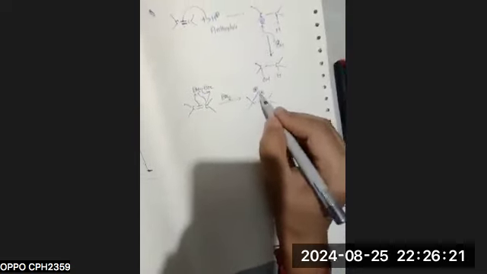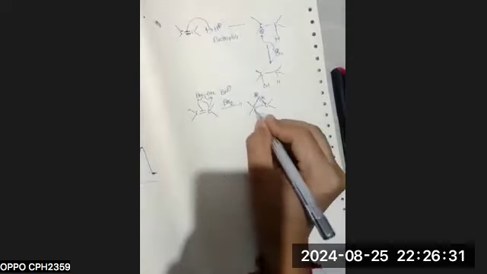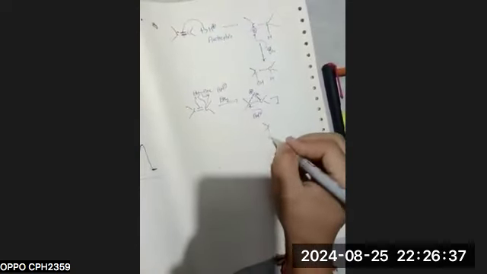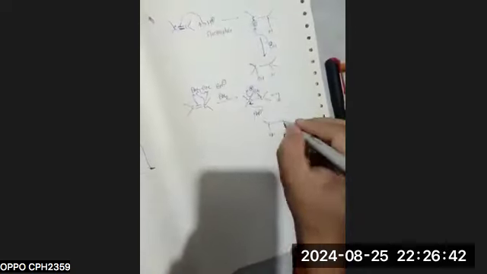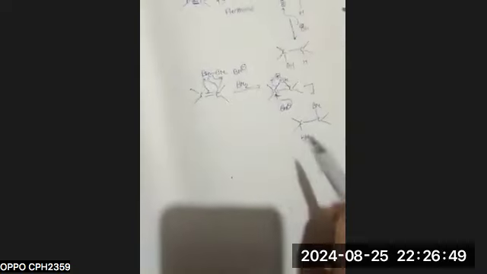That bromine has two bonds, therefore there is a positive charge on it. Now the other bromine is released as Br minus. Then this Br minus can attack there also, attacking this carbon, and this will release, so this one will form. So this is also an addition reaction, called basically electrophilic addition reaction.